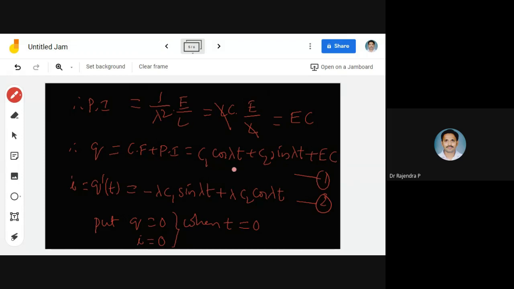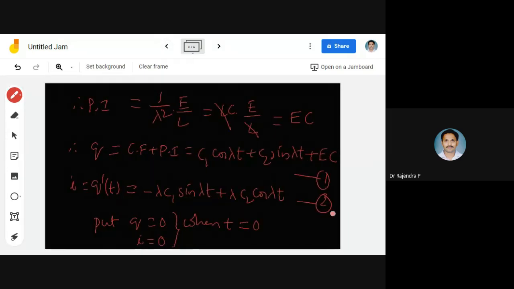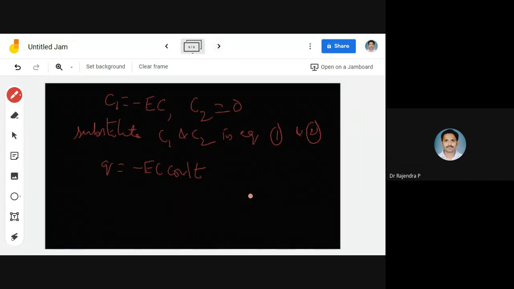C1 value is minus EC cos lambda t, plus C2, whose value is 0, so that term is 0, plus EC. So EC we get as common. I can take EC as common, then 1 minus cos.